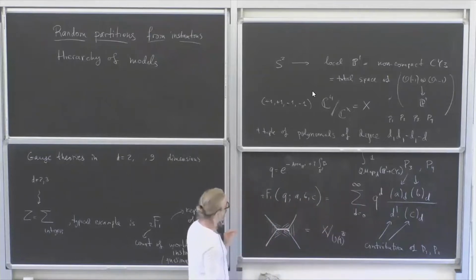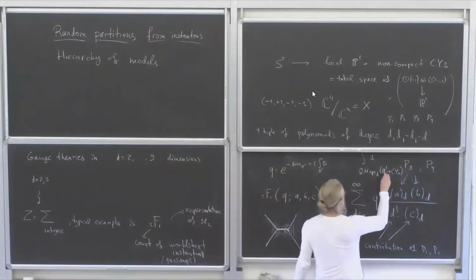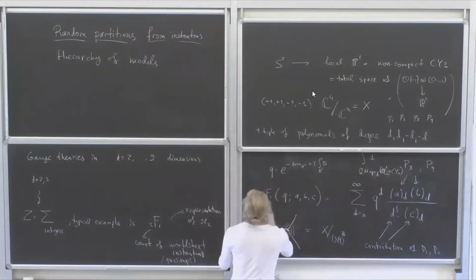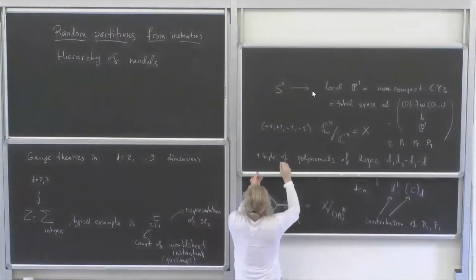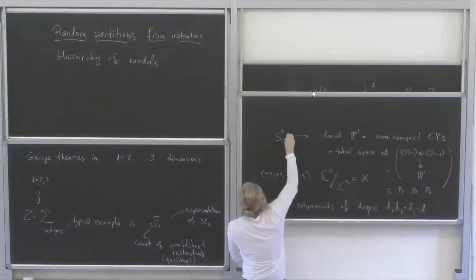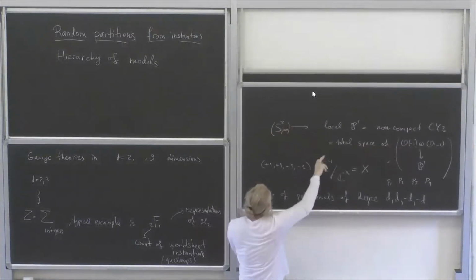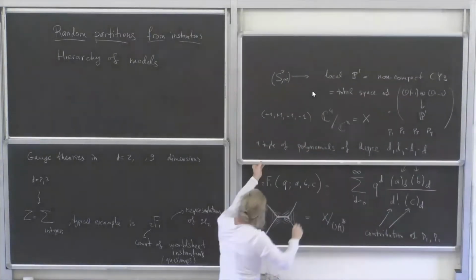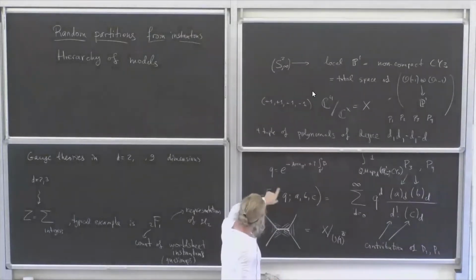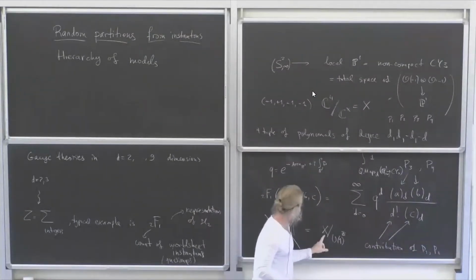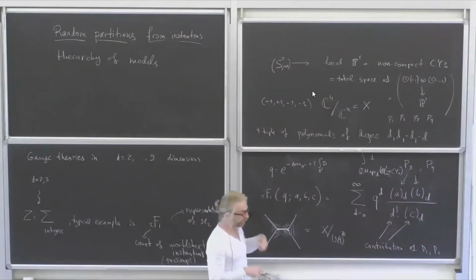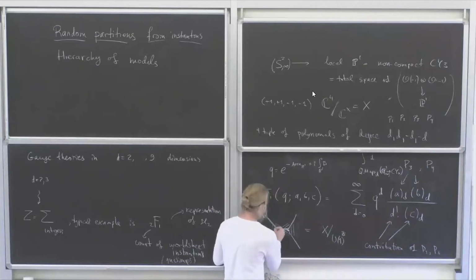I should specify certain boundary conditions, and so there is a boundary condition at one point in the source P1, which should map to one of the fixed points on X of the global symmetry action. And there are two such fixed points. So there are these two vertices.